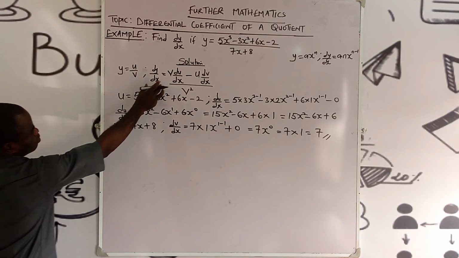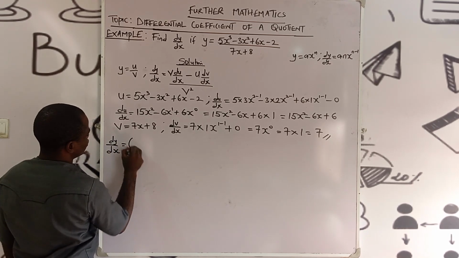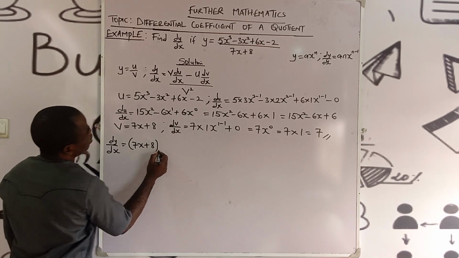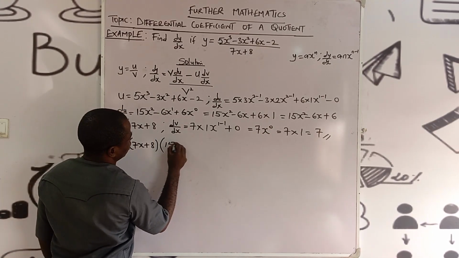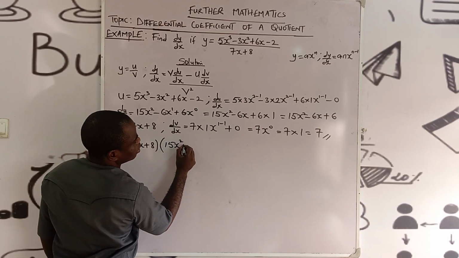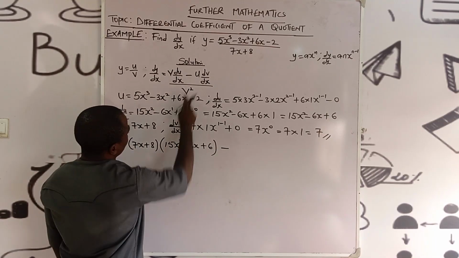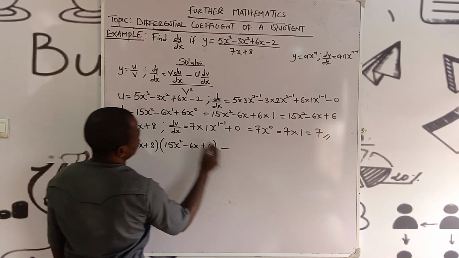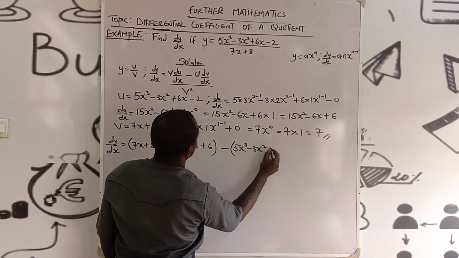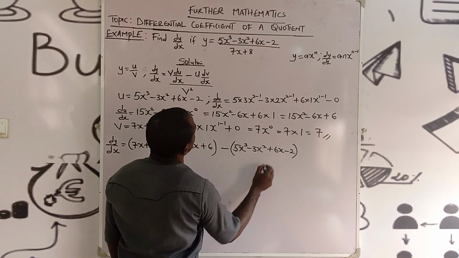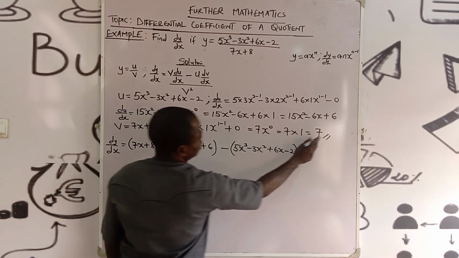Now, let's apply the formula. dy over dx equals, what's our v? 7x plus 8, times du dx, that's 15x squared minus 6x plus 6, negative, applying the formula, u as 5x raised to power 3 minus 3x squared plus 6x minus 2, times dv dx, that's 7.